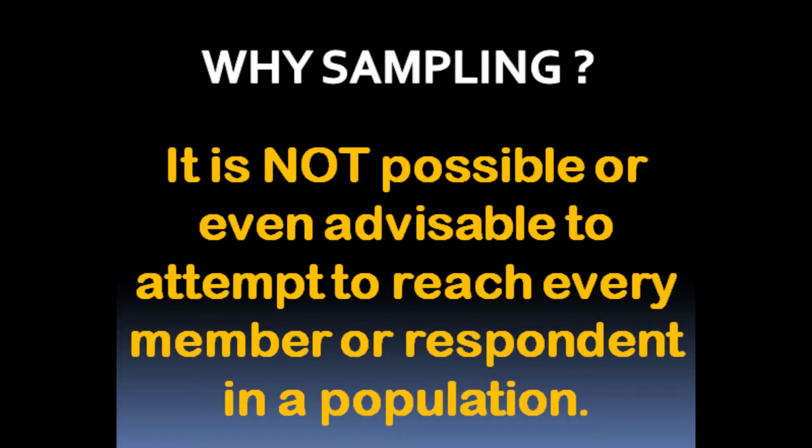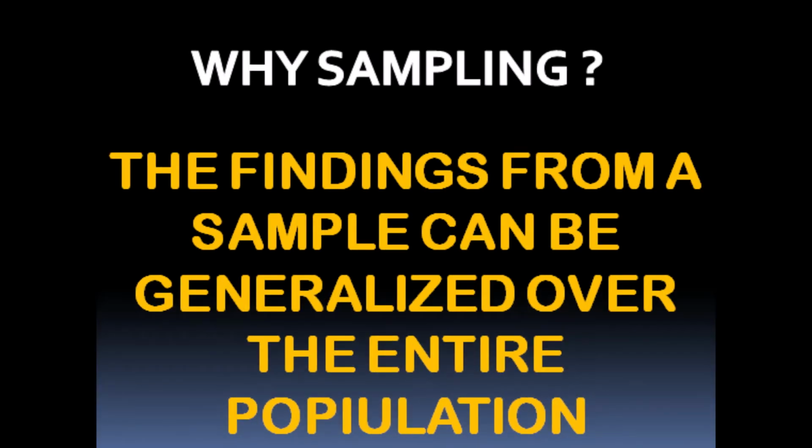And that is sampling. The process of selecting a fractional part of the population is called sampling. It is an important technique. It's an important activity in carrying out a research study.